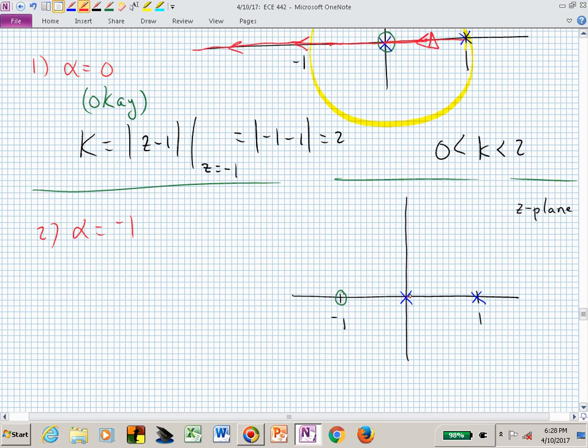It should be pretty quick to find the real line segments that belong to the root locus. We just are looking for an odd number of poles and zeros to the right. What's going to happen now? Well, this pole is going there, this pole is going there, and where do they break away?